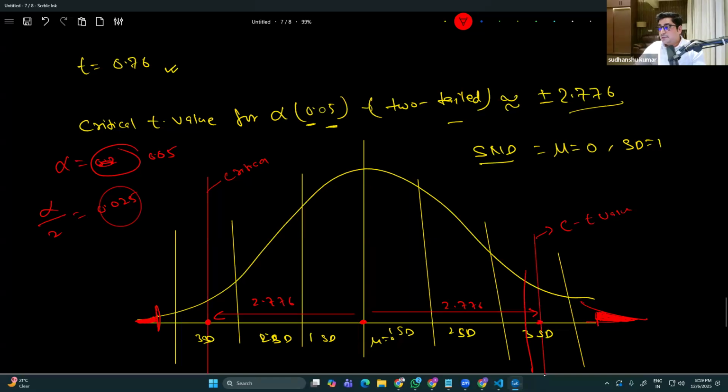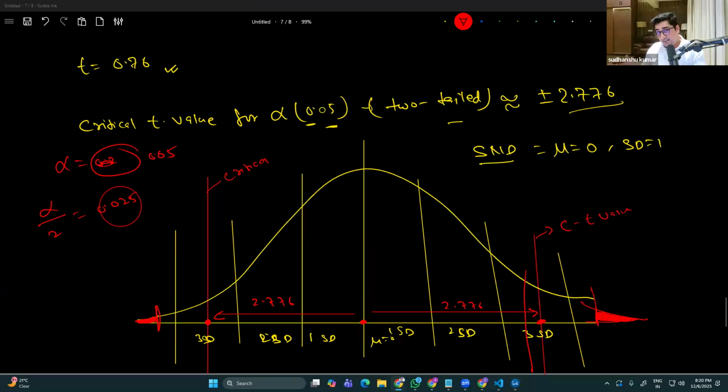My value is basically beyond this alpha, right? Or I can say that my value is 2.776, and it's not falling under that particular region.